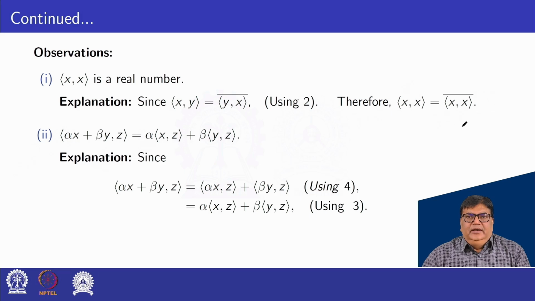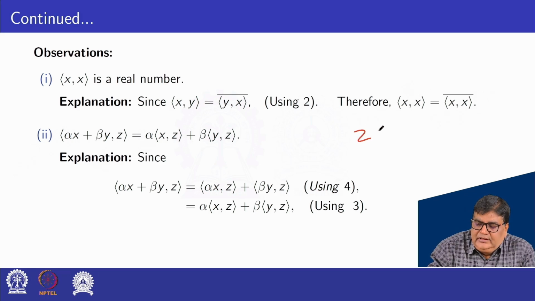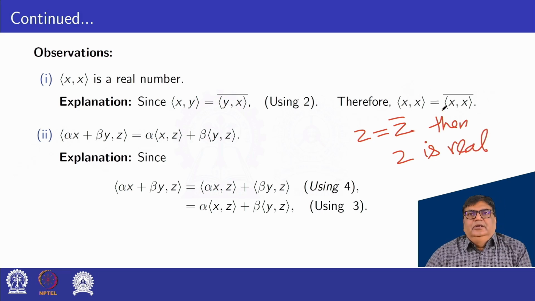That is a real number because we know that if z is a complex number and z is equal to z bar, then z is real. So suppose this is a complex number and it is equal to its conjugate, that is z is equal to z bar, then inner product of (x, x) is a real number.